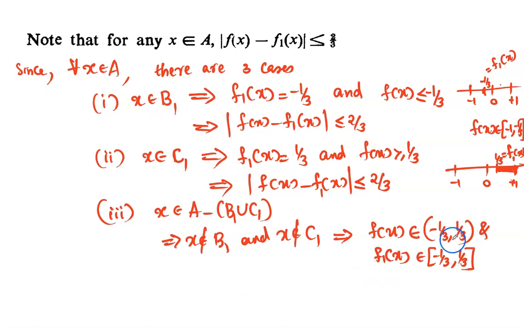Since the length of these two intervals is 2/3, the distance between f(x) and f1(x) will be at most the length of these intervals, which is 2/3. So in all the three cases, we have seen that the modulus of f(x) minus f1(x) is less than or equal to 2/3.